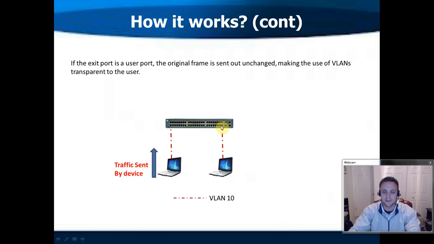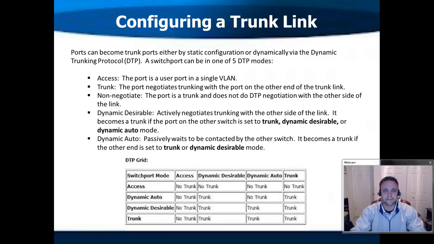It determines it's supposed to go to this port here. Before it exits this port over here, it removes VLAN 10 from it and then sends the frame down, untagged. So the tag process is completely anonymous to the PC and the user.